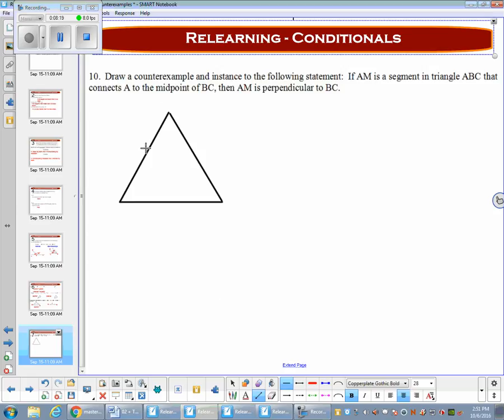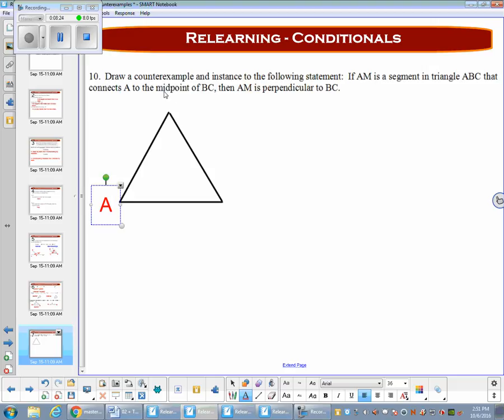If we go from A, B, and C, if we go from A to M, and it goes to the midpoint, it looks like it's in the middle, but it doesn't look like it crosses at 90 degrees. So that means this would be a counterexample.